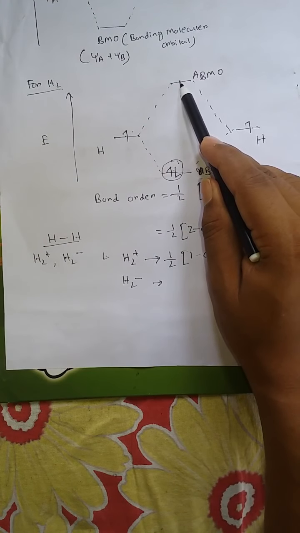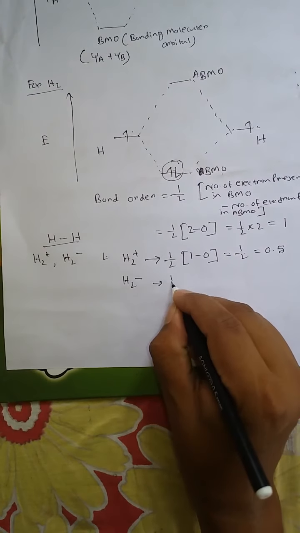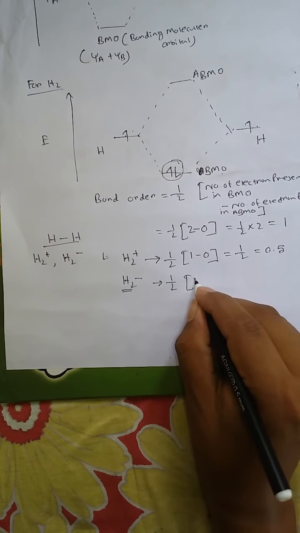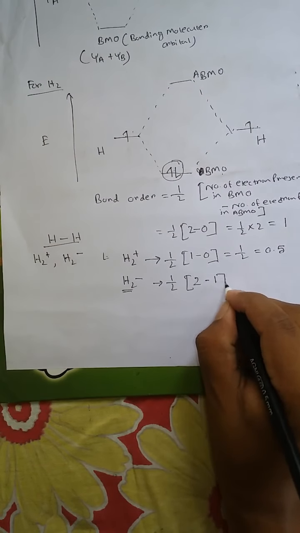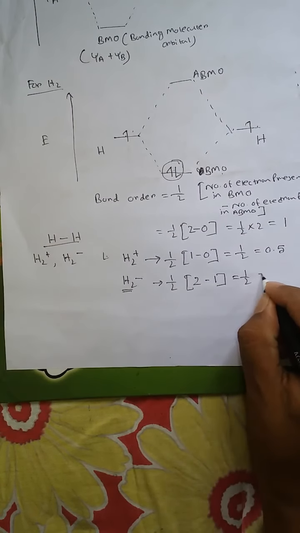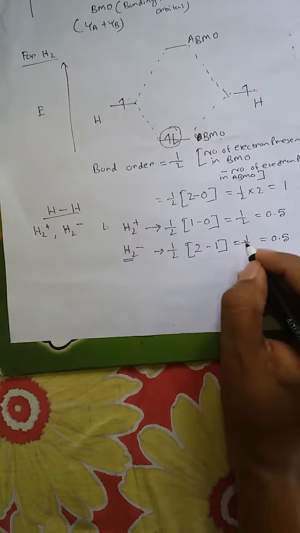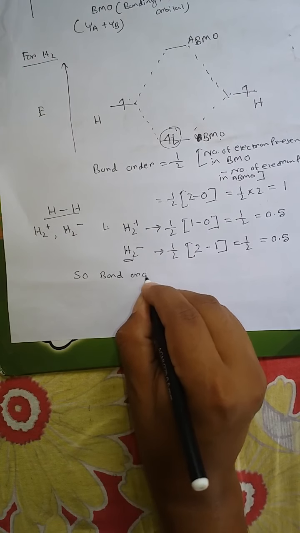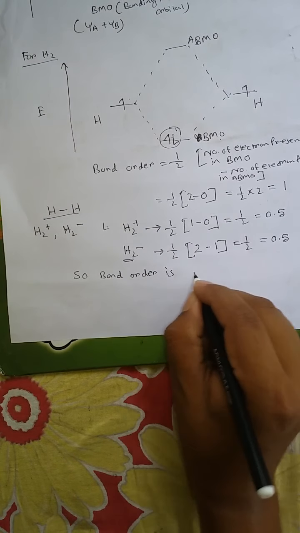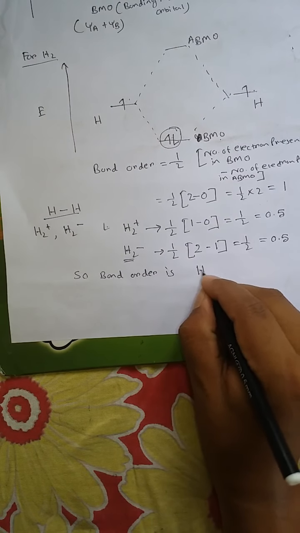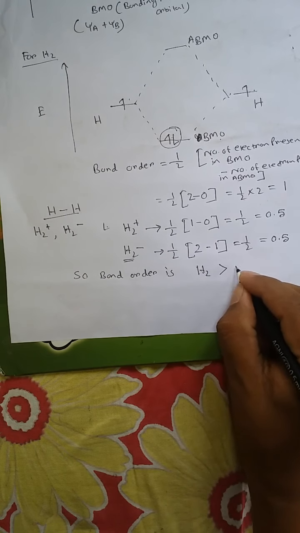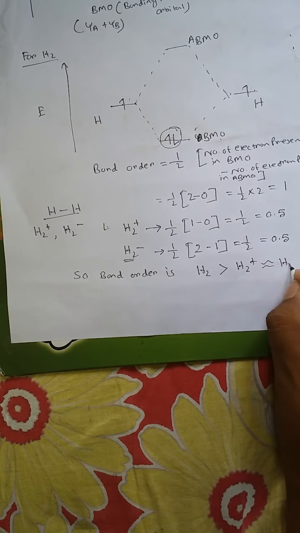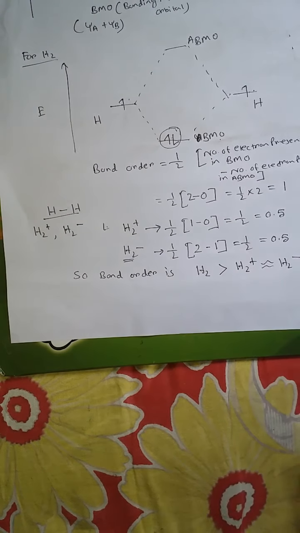So bond order is half into 2 minus 1, that is 0.5. So bond order of H2 is greater than H2 plus and H2 minus.